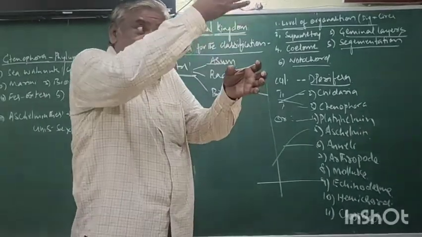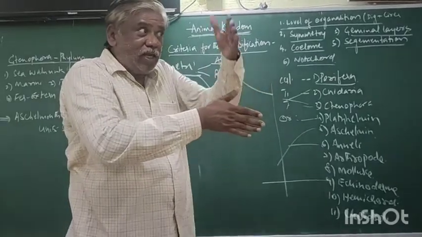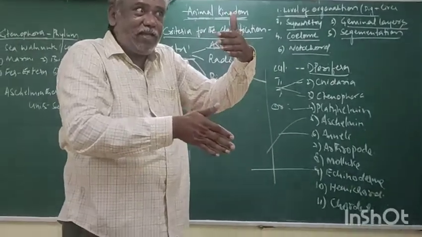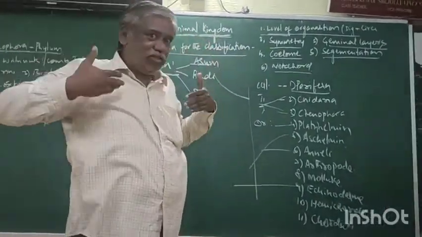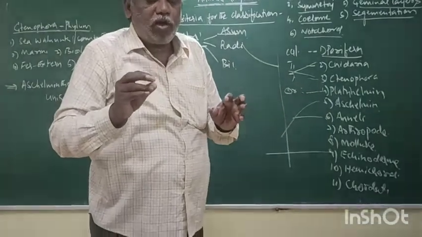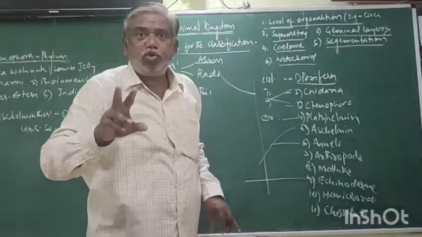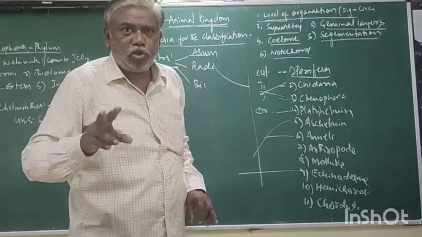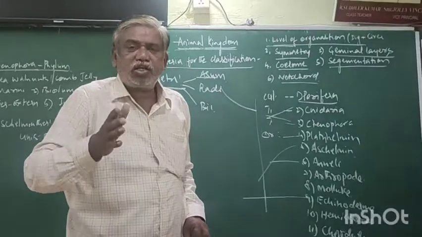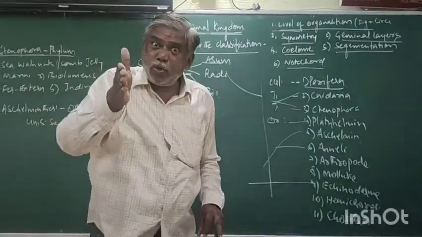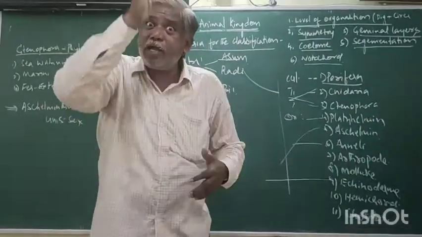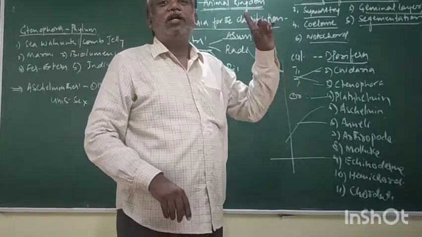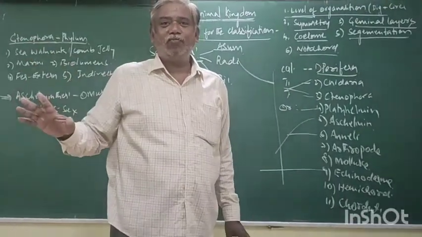When you take the longitudinal section in any plane, in any direction, if the animal gives two similar identical parts, then that animal is showing radial symmetry.